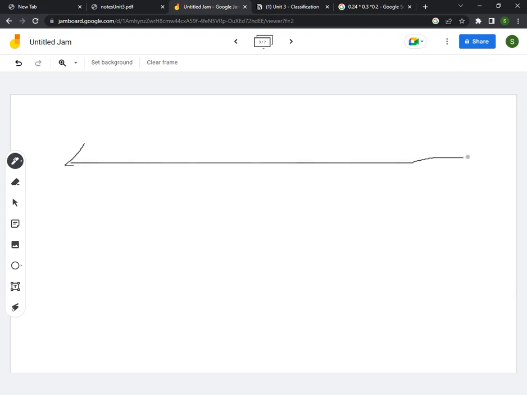So we have a number line, and inside this number line we have certain data points. That is, whether a person has diabetes, or the rate of diabetes the person has, depending on the weight.